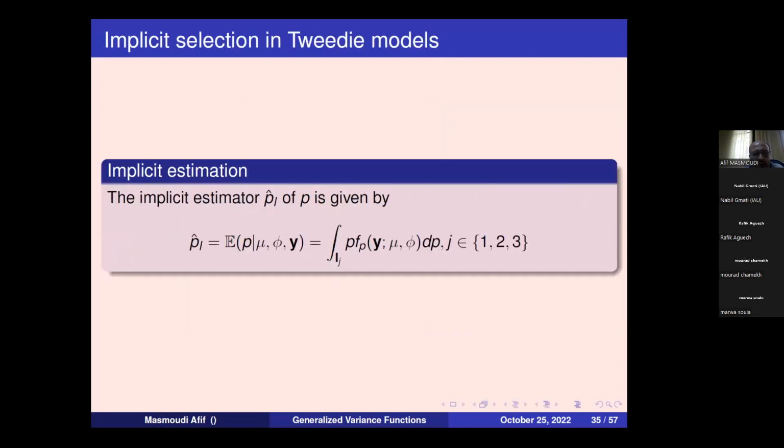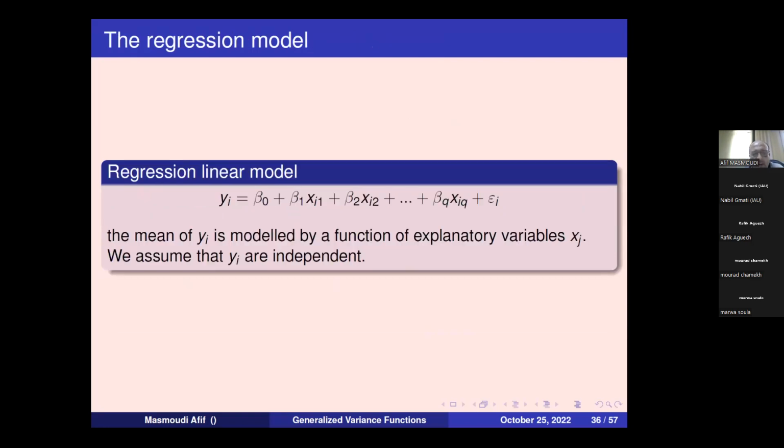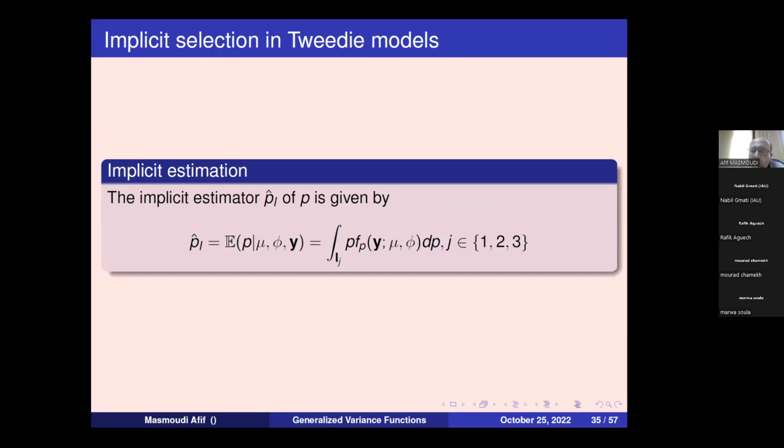So the implicit estimator is given by this integral. Of course, in order to evaluate this integral, we need to apply a Monte Carlo method.